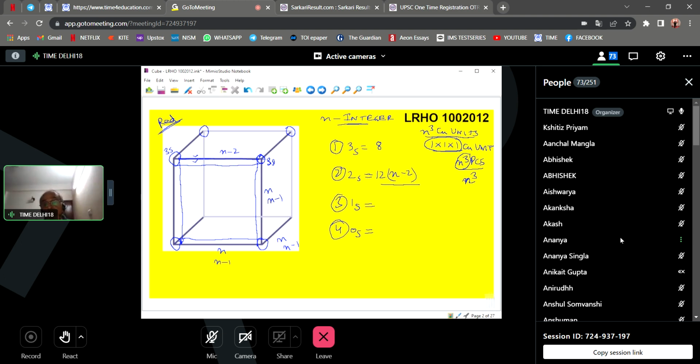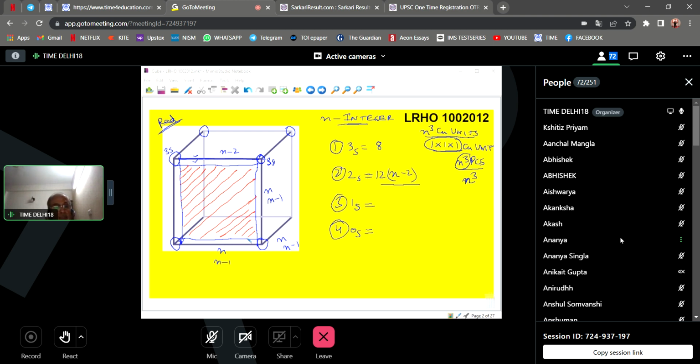Fine. Where are the one side painted ones? One side painted are within this square. Let's count how many these are. On this length, how many are there?